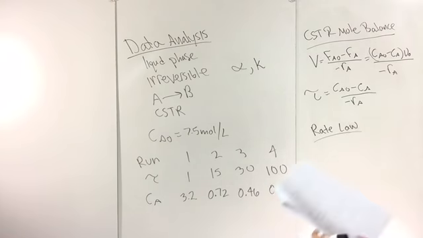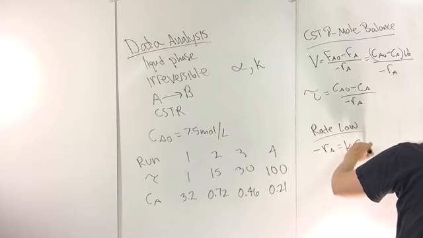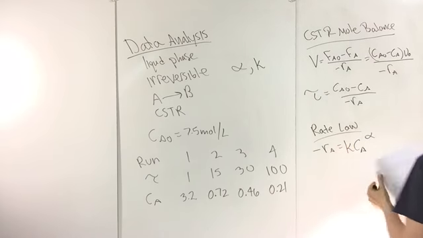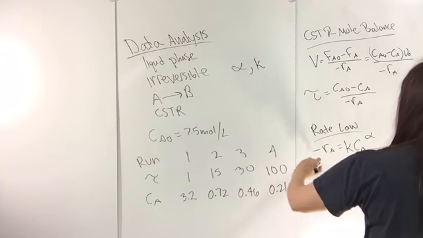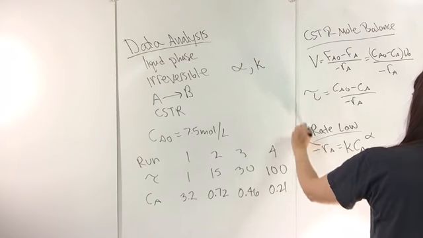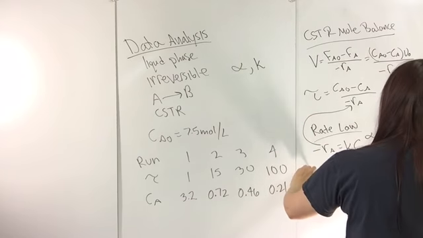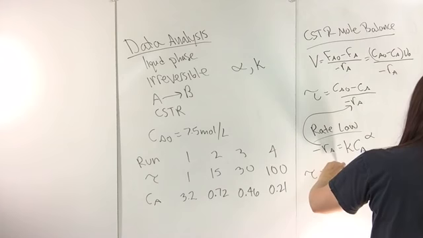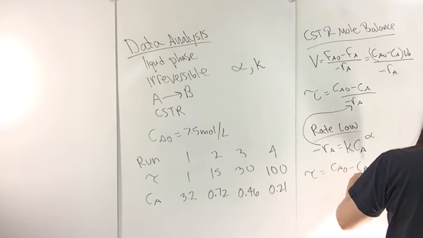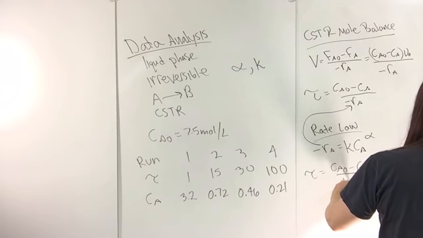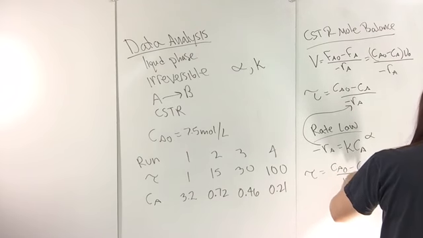We're saying that minus Ra is equal to K Ca to the alpha. And so what we're looking for is K and alpha. So then we can plug this in, plugging that into there. So we get that tau is equal to Ca naught minus Ca over K Ca to the alpha.